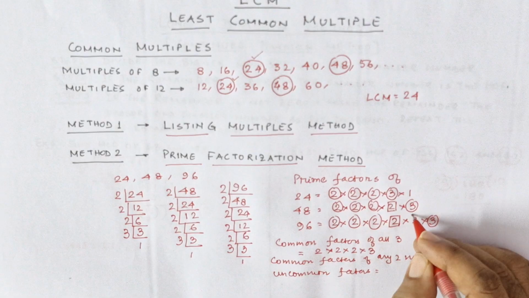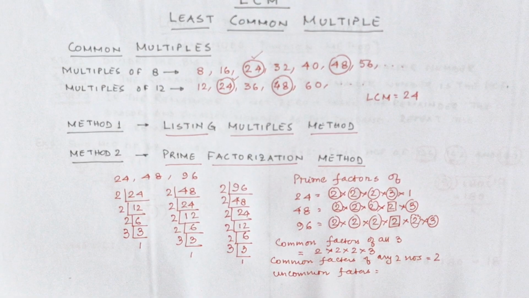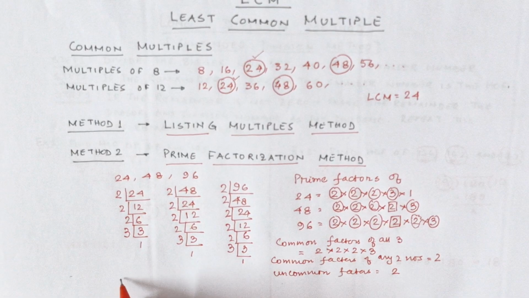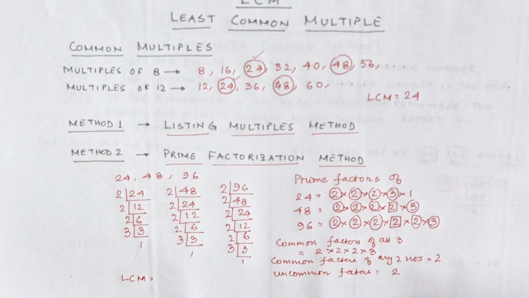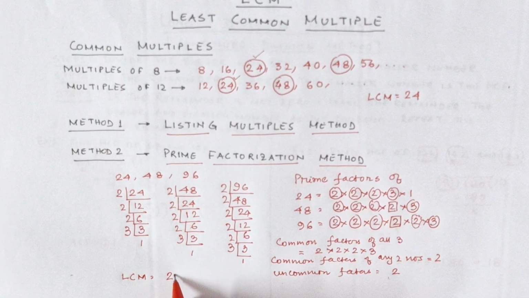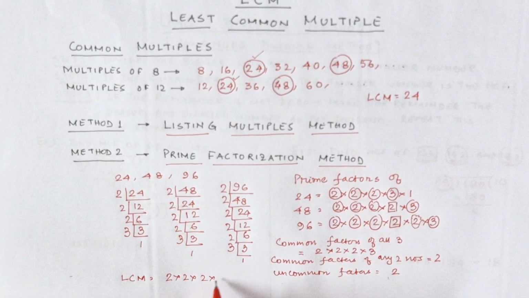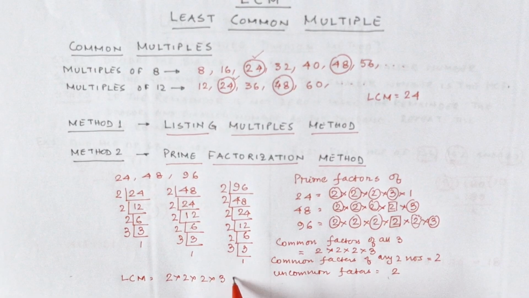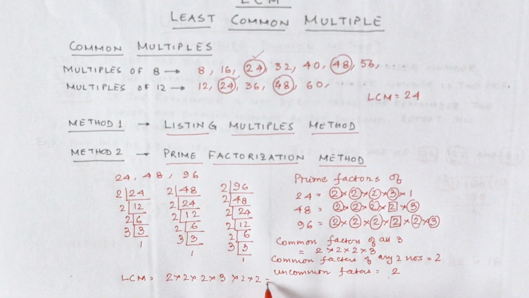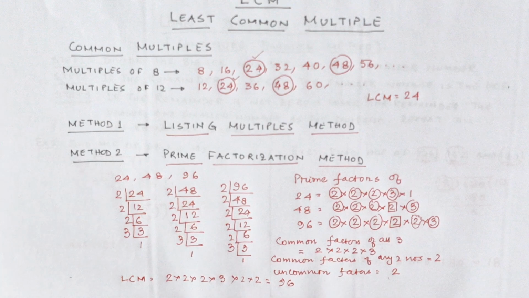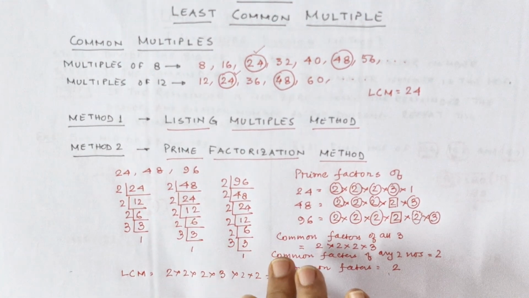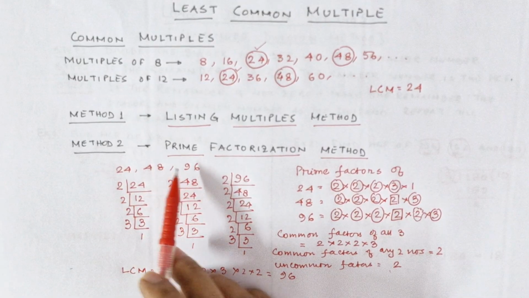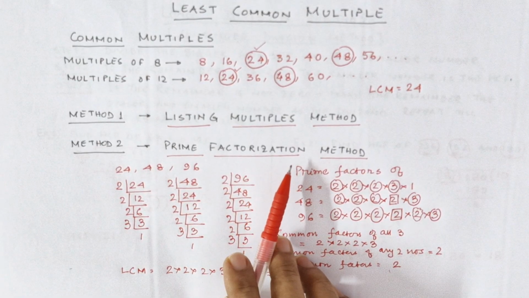This one is the leftover, right? So we'll write 2. Now what is the LCM? Now LCM will be this one multiplied by this one and multiplied by this one. So 2 multiplied by 2 multiplied by 2 multiplied by 3, multiplied by this 2 which is the leftover, which yields 96. So 96 is the LCM of these 3 numbers. So this method is known as the prime factorization method.